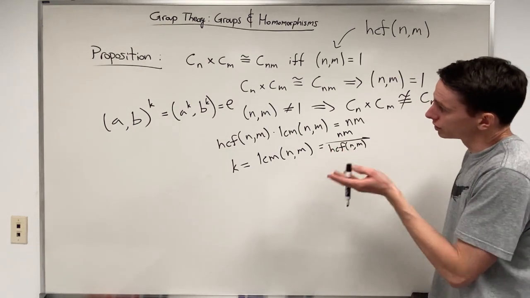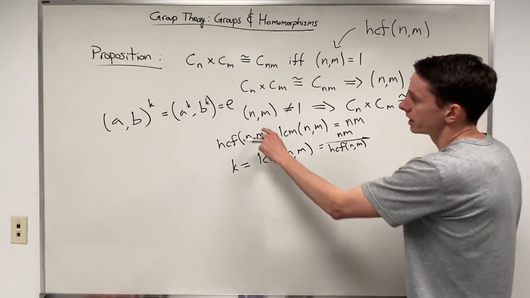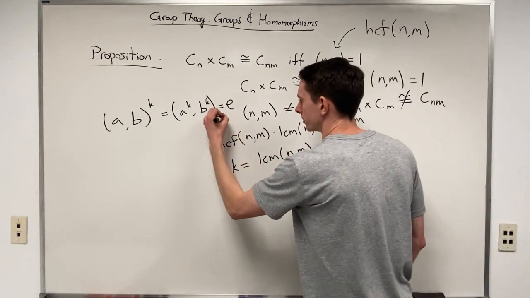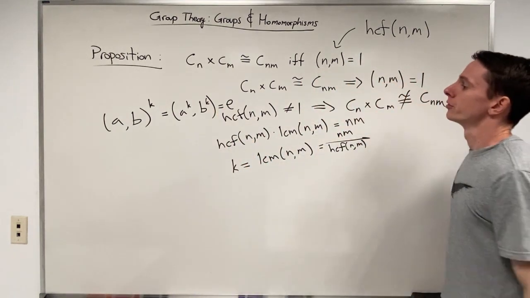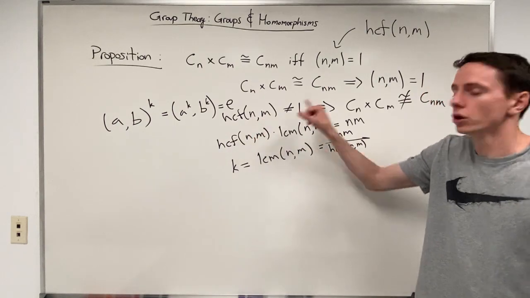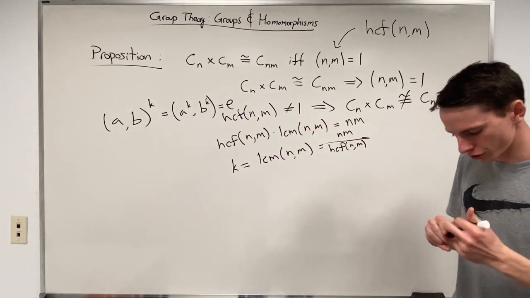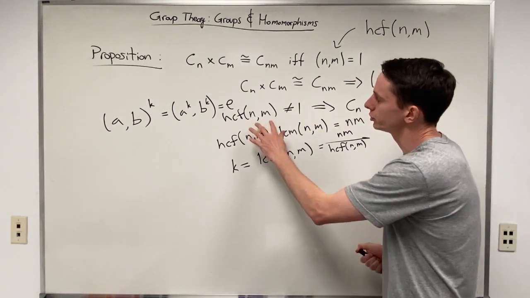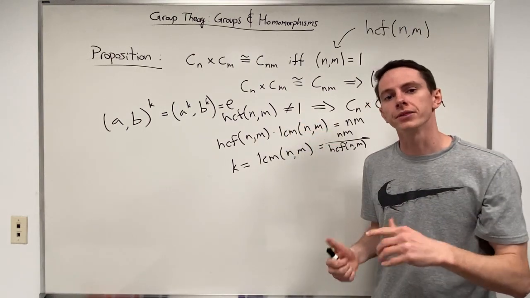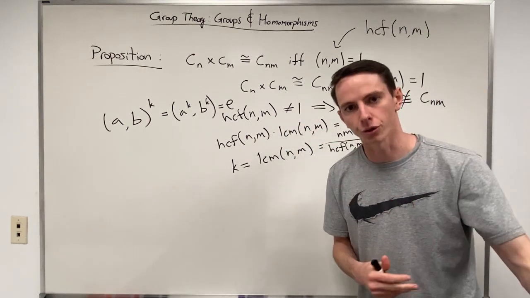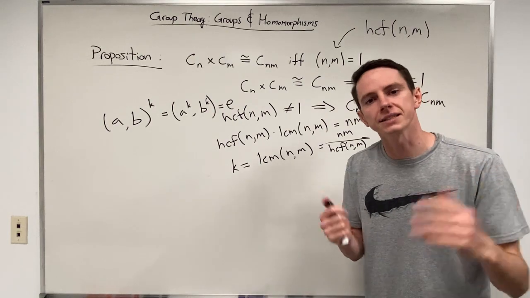Now, what we're going to start by assuming is that the greatest common factor between n and m is no longer 1. And if the highest common factor between two numbers is not equal to 1, then it has to equal some number that's larger than 1. And what does that tell us?